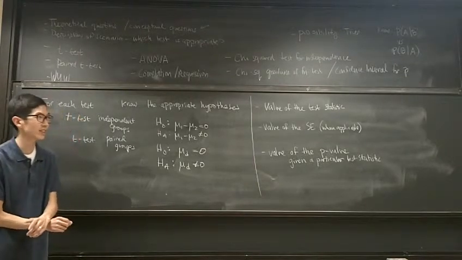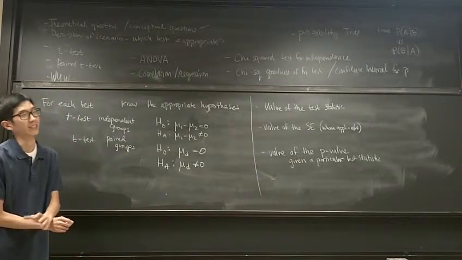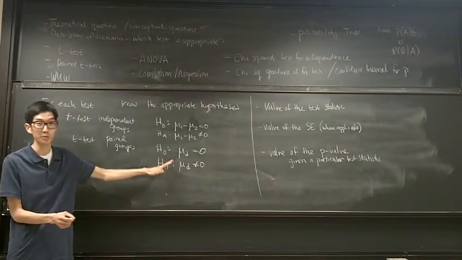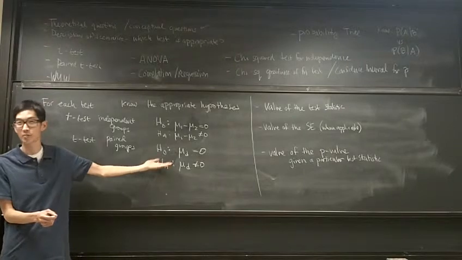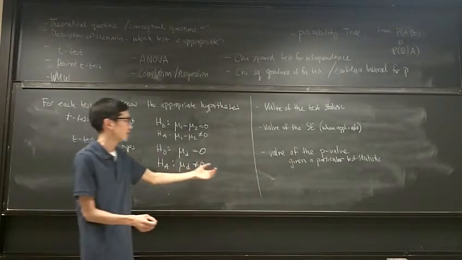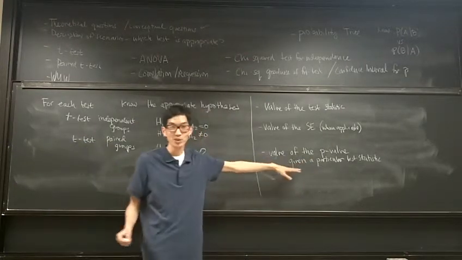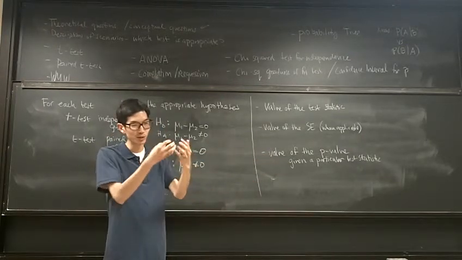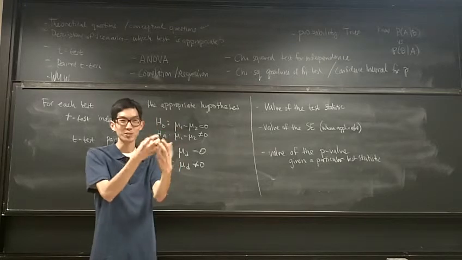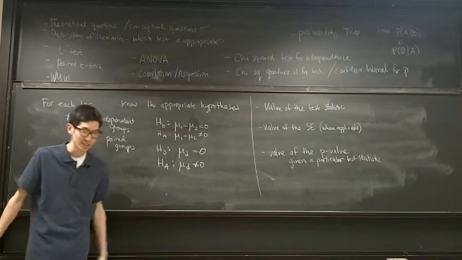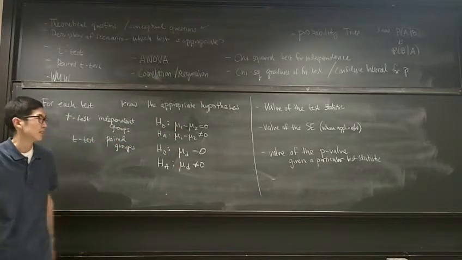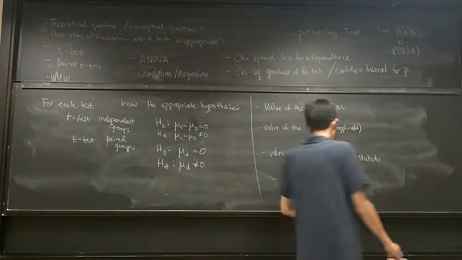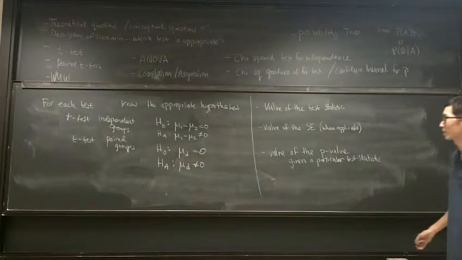It's tough writing a good test, because directional or non-directional will make an appearance in picking the appropriate hypotheses, and it will also make an appearance with the p-value. So I'll try not to make it so intertwined, but just know how to do each test, I guess.